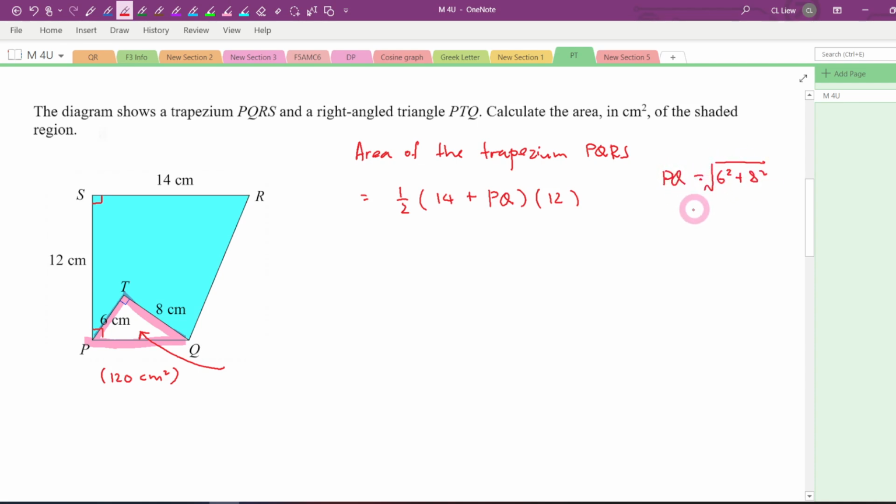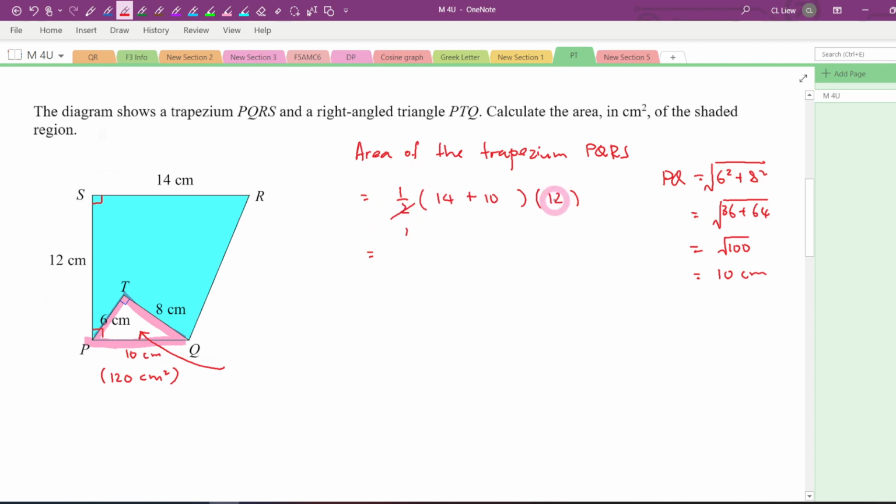So this is 36, this is 64. You add them together, it should be equal to 100. The square root of 100 is equal to 10. Now I have the length of PQ. Let me write it down over here. So this is 10.